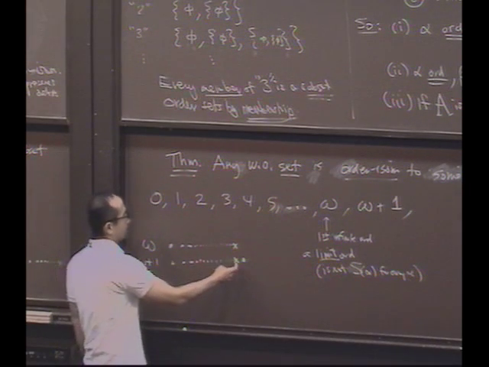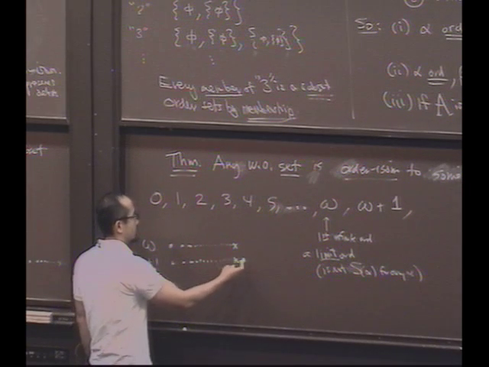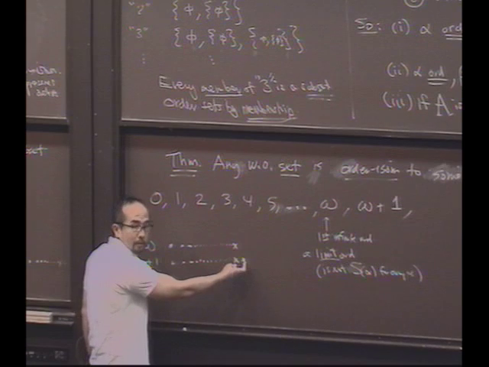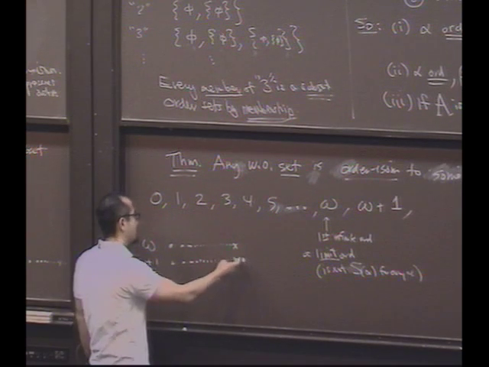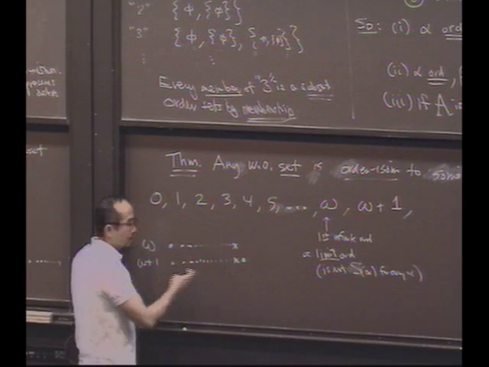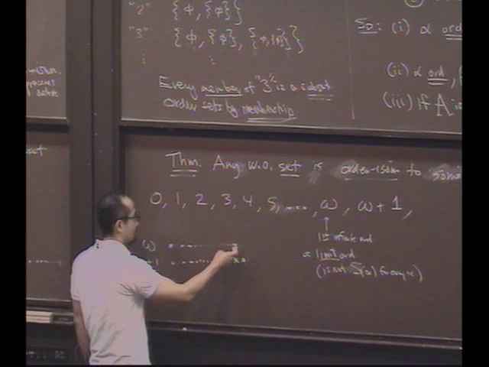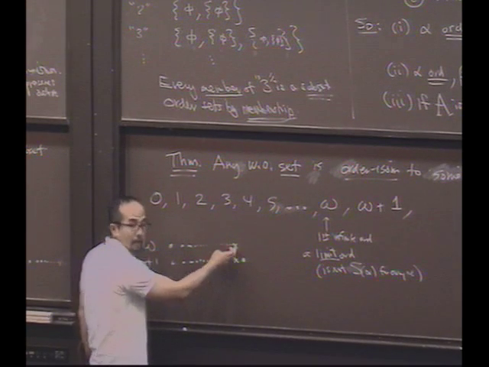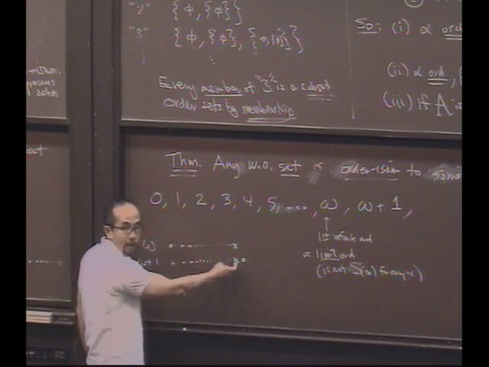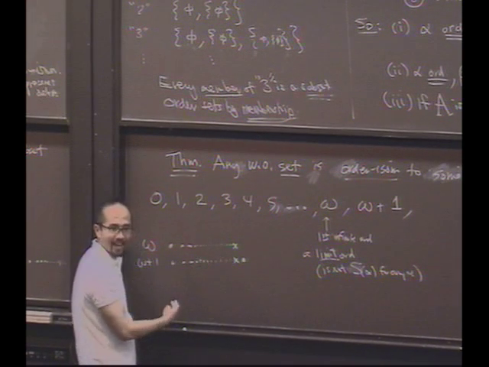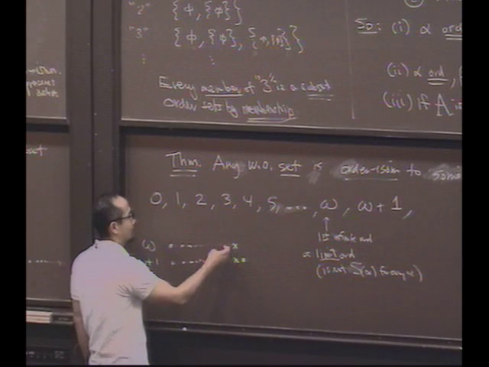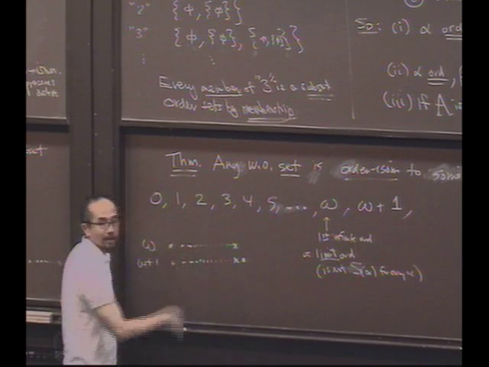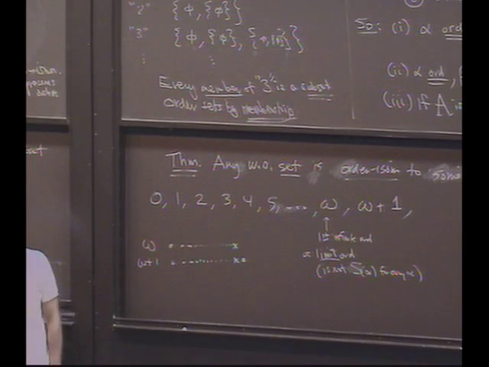So tell me where you're going to send this point. Well, it has to be bigger than everything else. Yes. So you better send it to something that's bigger than everything else. So if there were such an order isomorphism, this point would have to go here. But then where does this point have to go? The next one down or something, right? But wherever this gets sent, you'll miss some, and then you're in trouble. Okay? Not the same order type.